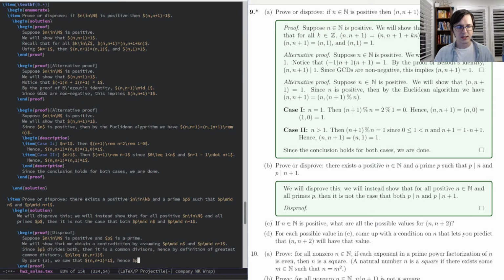Hence, p is less than or equal to 1. Okay, here we have a little problem, and that is, is a prime allowed to be negative? In lecture that was allowed. Sometimes they are not allowed to be negative.